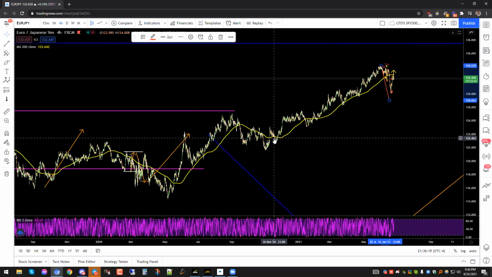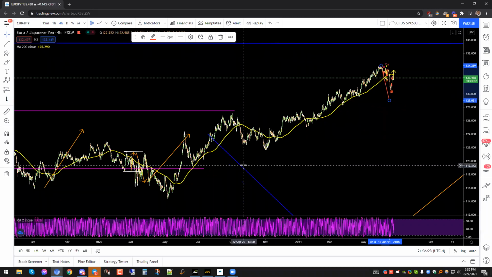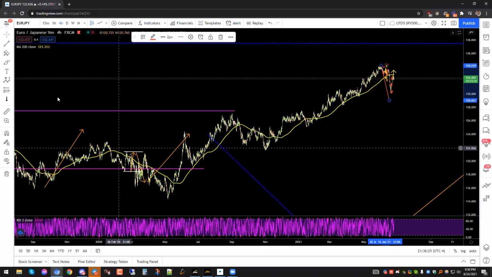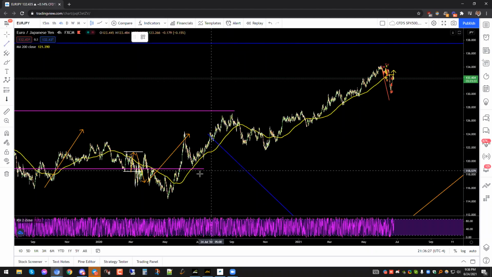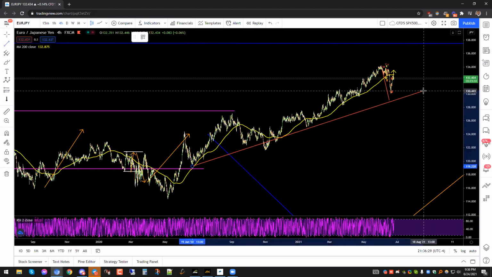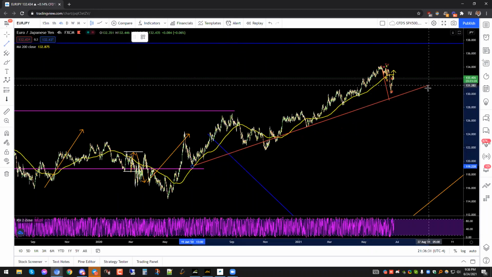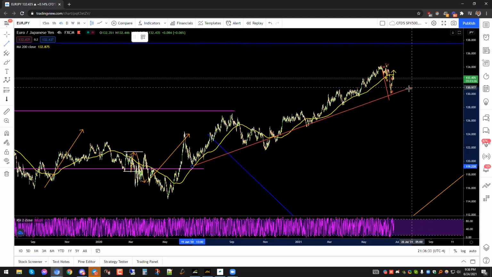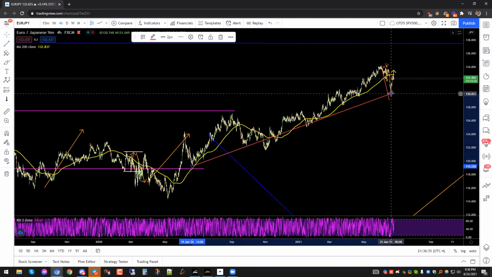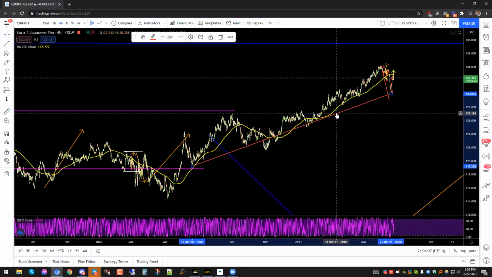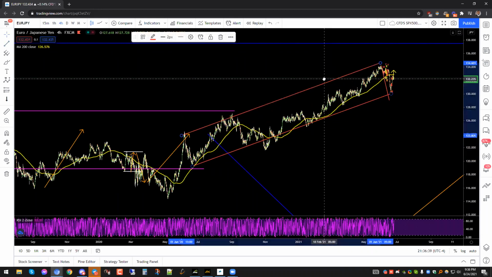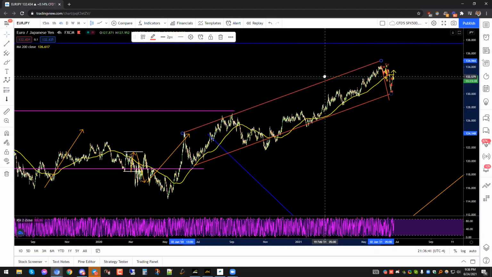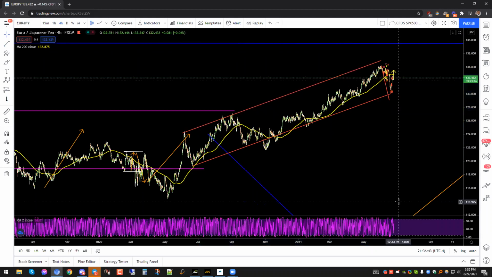Based on the pattern formation that we're looking at, in this case, it looks more like a flat pattern formation, but it's more like a running flat type situation. Something kind of like this is what we're getting.